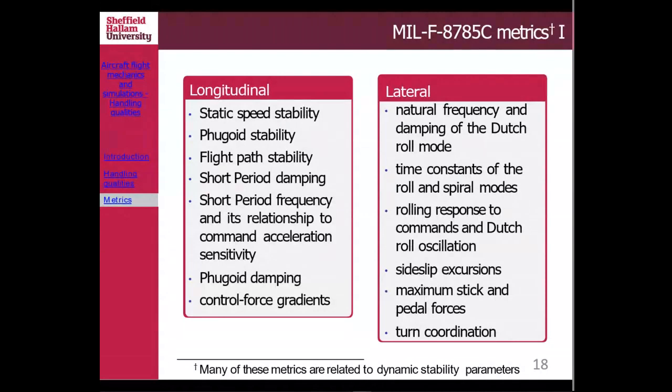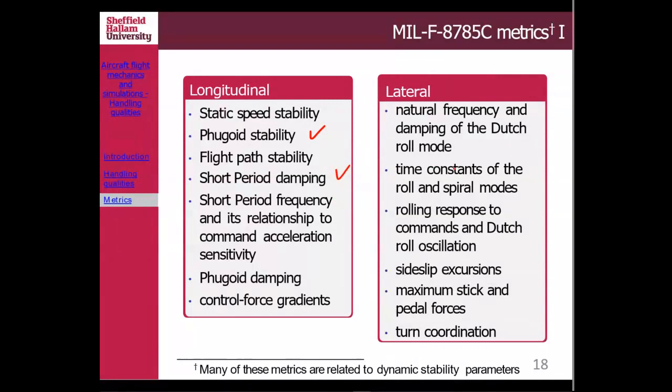Now, I'm not going to really talk about this in detail, but of course, I mentioned you could separate longitudinal and lateral stability independently. When you talk about longitudinal, I mentioned the long period dynamic stability, which is termed Phugoid, and we also have short period stability.